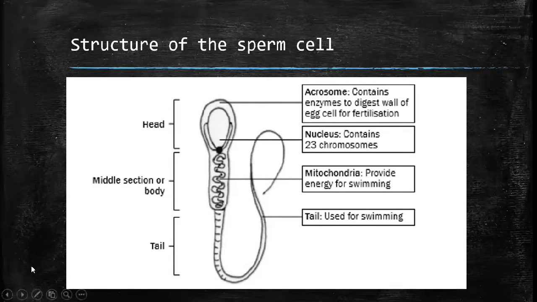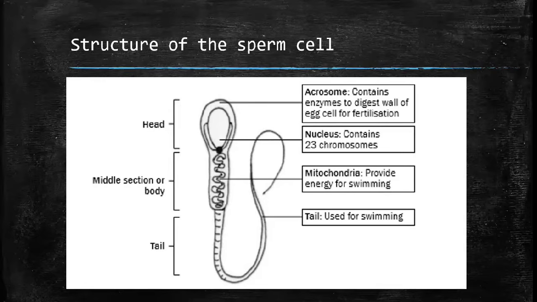Now, the middle piece here, the middle section of the body, contains what we call a mitochondria. Guys, you did cells. You did eukaryotic cells and the prokaryotic cells. You need to understand what is a mitochondria.